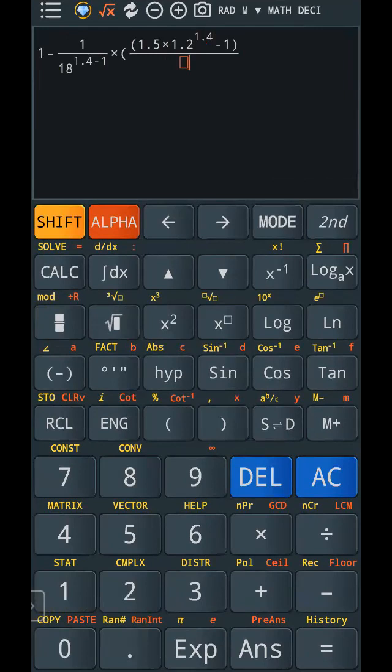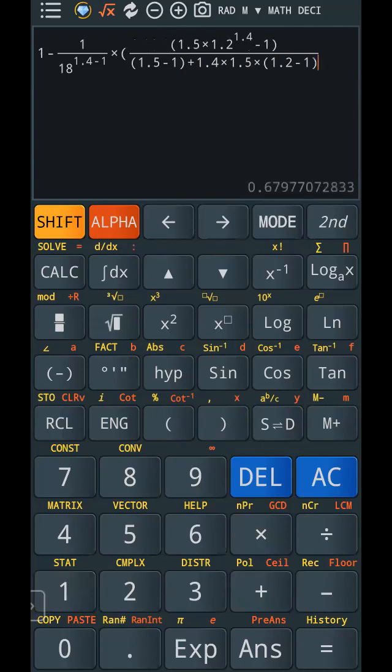In the denominator we have 1.5 minus 1 plus 1.4 into 1.5 into 1.2 minus 1, minus 1.